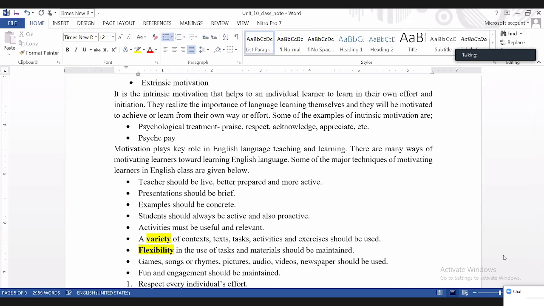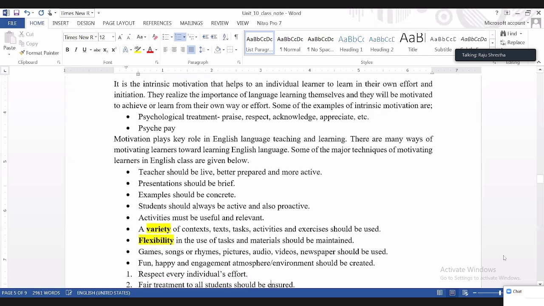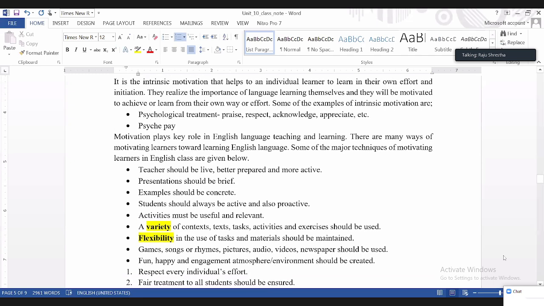Then a fun, happy, and engaging environment. The environment should be maintained or created. Fun environment create गर्नु पर्यो हैन, and happy environment हुनु पर्यो. English language teaching and learning should be in a happy atmosphere.